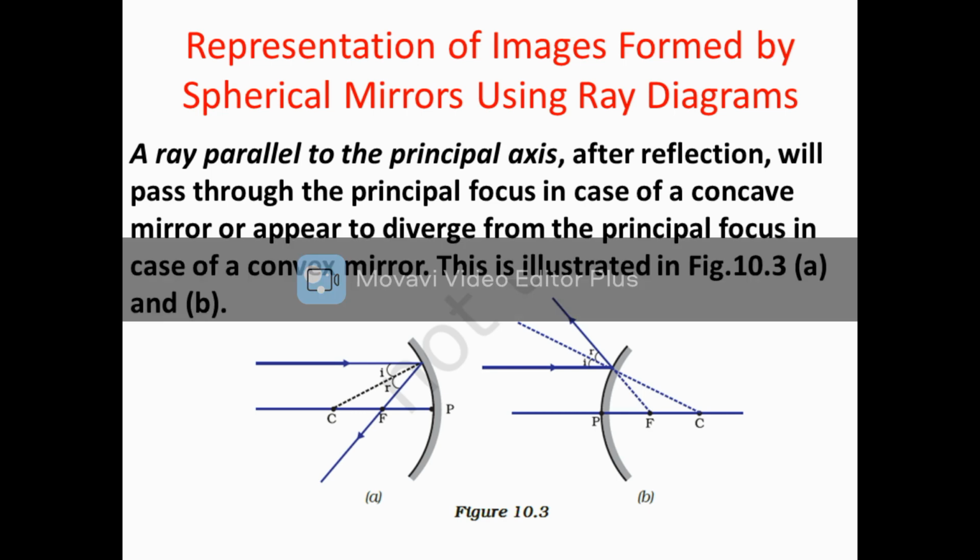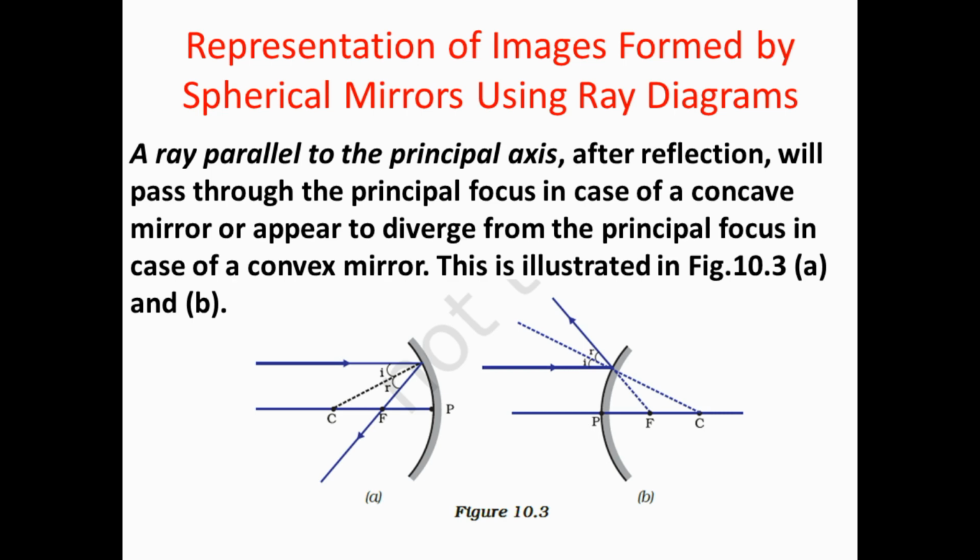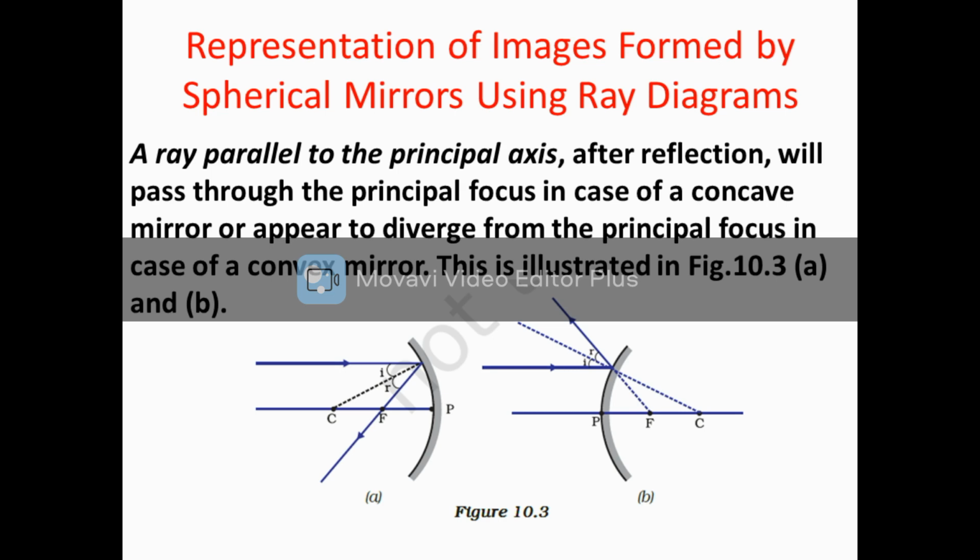Okay, so now we have a lot of cases. So first we go to the first case. Case number 1 is, the ray is parallel to the principal axis. So the ray travels parallel to the principal axis and hits the surface. We take two mirrors, one is a convex mirror, another one is a concave mirror.